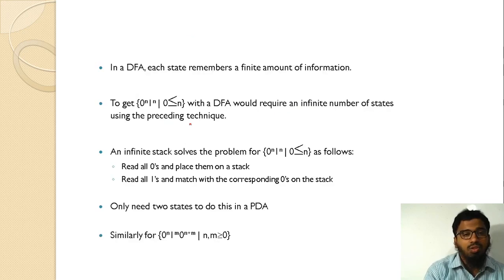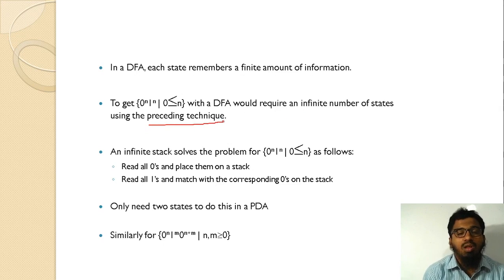Okay. So, this is some of the information, and in the next slide: in a DFA, each state remembers a finite amount of information. As we discussed, in the DFA we have limited, a finite amount of information. To get the information for 0 power n, 1 power n, the DFA would require a finite number of states using the preceding technique.